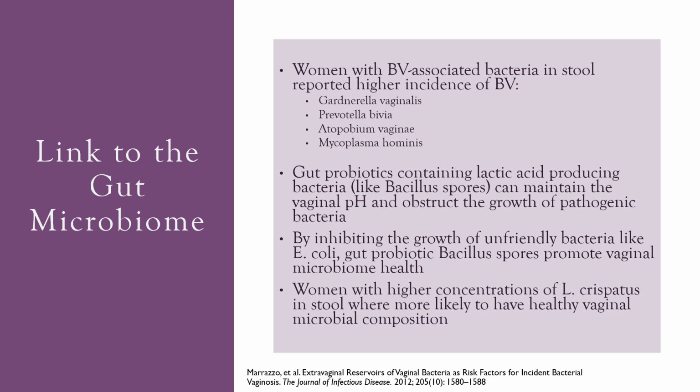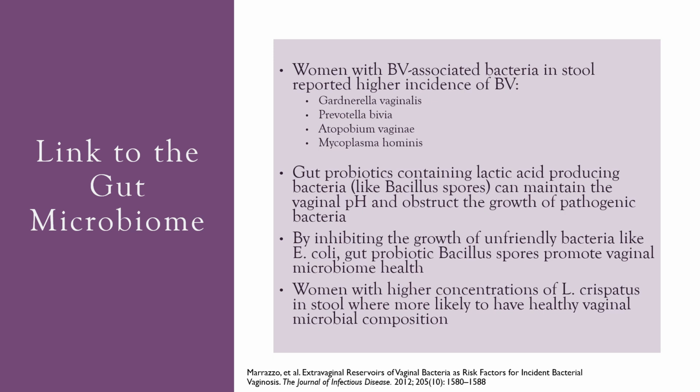Researchers have found that women with BV-associated bacteria in their stool reported a higher incidence of bacterial vaginosis infections. Those bacteria include Gardnerella vaginalis, Prevotella bivia, Atopobium vaginae, and Mycoplasma hominis. Now, gut probiotics containing lactic acid producing bacteria like Bacillus spores can help maintain the vaginal pH and obstruct the growth of pathogenic bacteria in the gut.